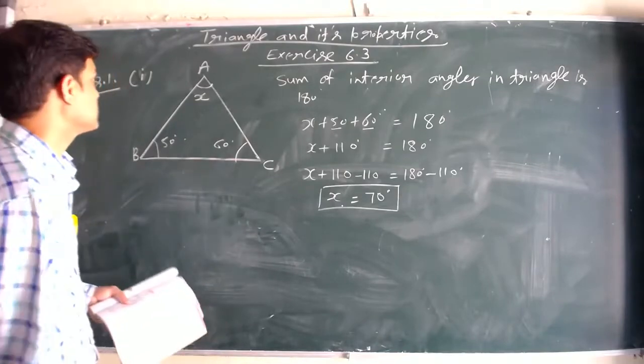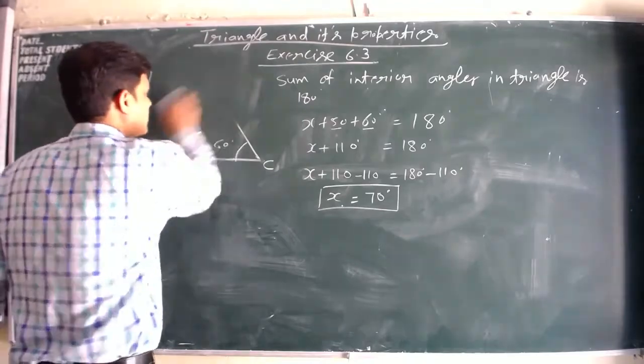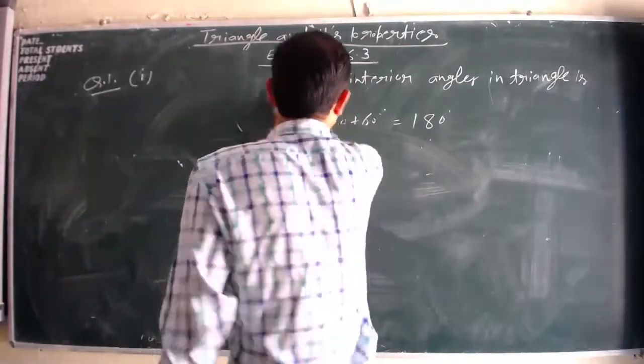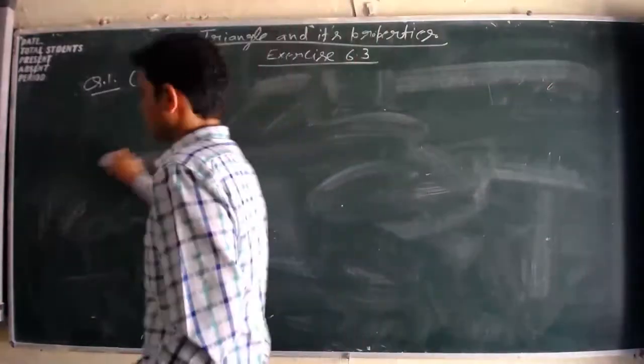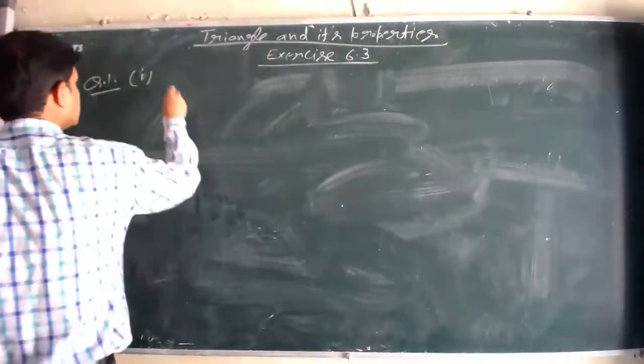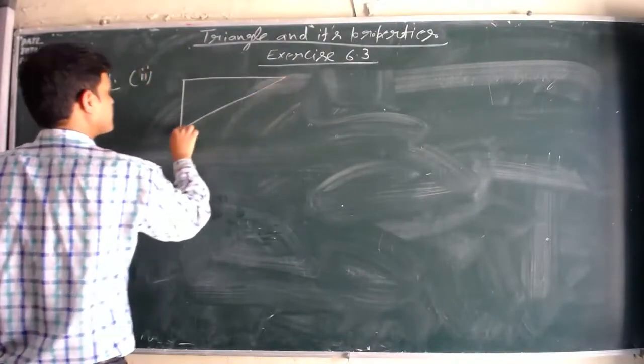Okay. Next is the second part of this question. In the second part, we have a right angle triangle, according to this figure.